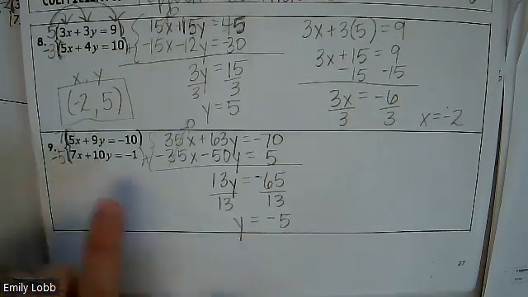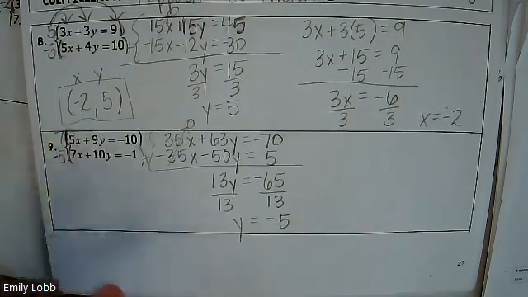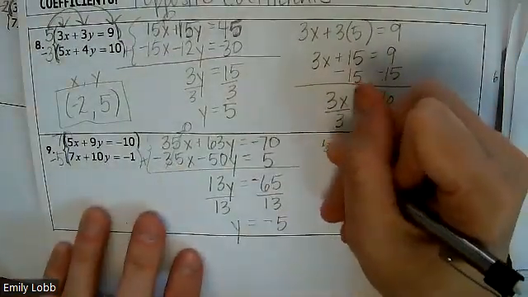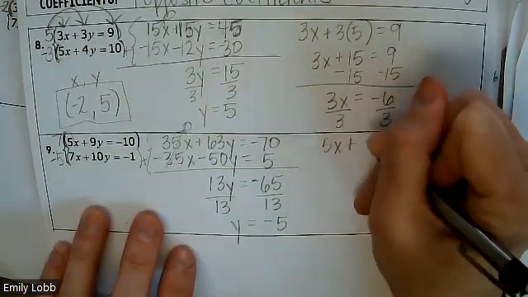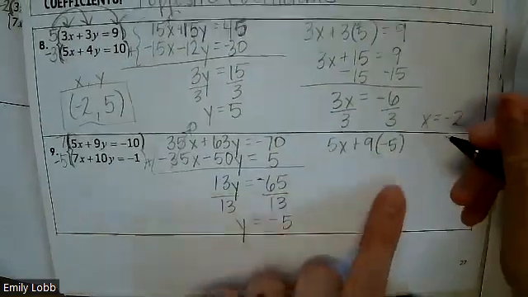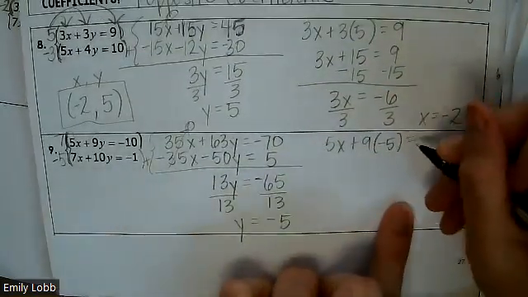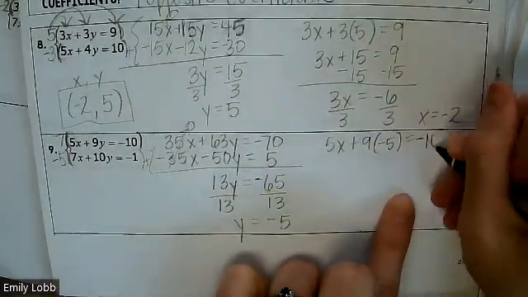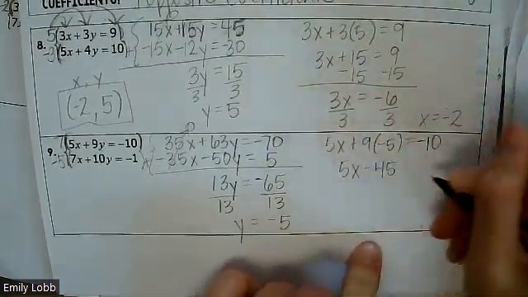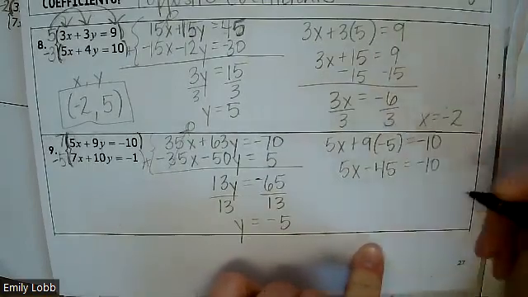Do you want to plug this into our top equation or our bottom? We'll just start writing the top equation. In place of my y, I'm putting what y equals. That's substituting. So 5x minus 45 is equal to negative 10.